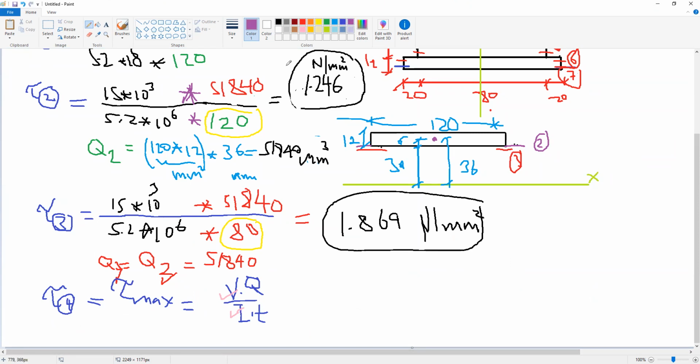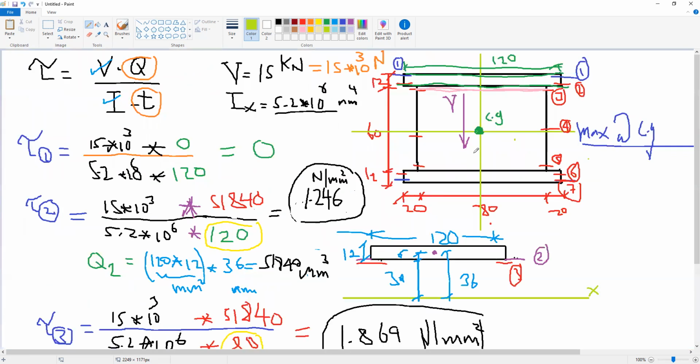So we have two parameters that control the maximum stress, Q and T. For any section, mostly Q max is at the centroid, because Q max equals area times distance, and the maximum expected area for this section will be above the centroid.